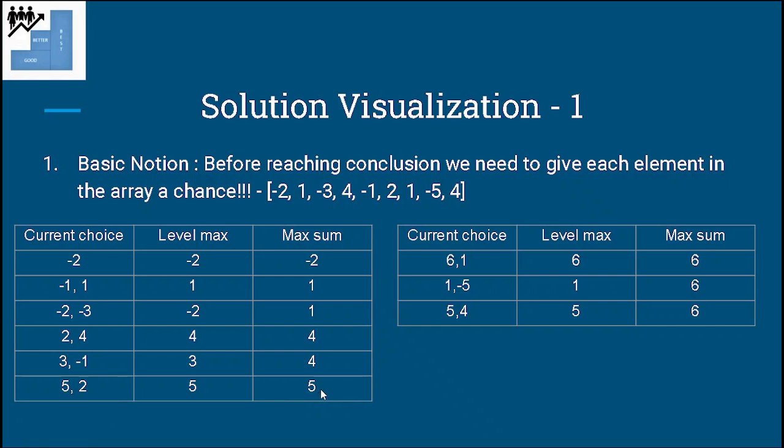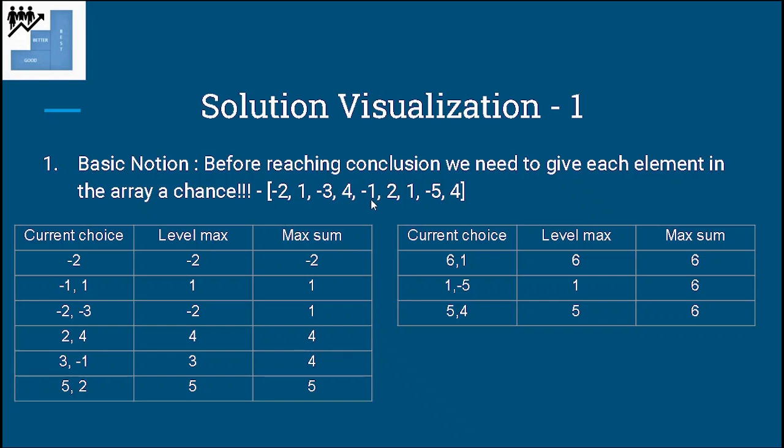Okay. Now just look at this particular thing. When I was including 4, the maximum sum changed to 4. When minus 1 was there, including 4 to minus 1 resulted in a best sum of 3, right? But if I would have just included 4, it would have been better, right? But we don't know that.